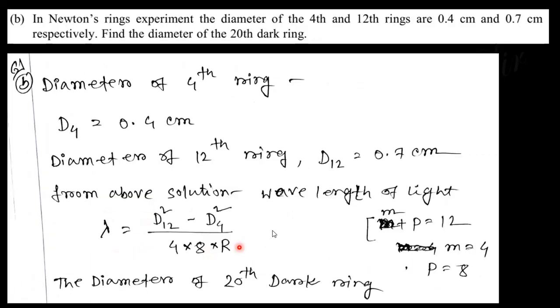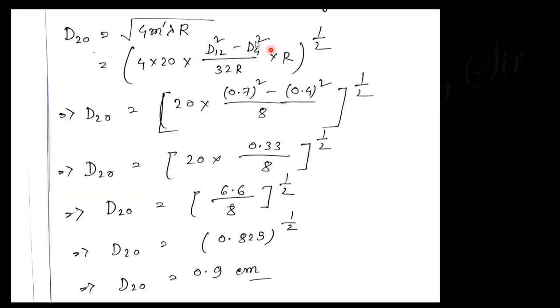So this is the expression of lambda. Put this value of lambda here, and this R cancels out, and these two are 4 into 8, 4 into 32, this is 8 and 20. Put these values and with the calculation you will easily find this value, 0.9 centimeter.